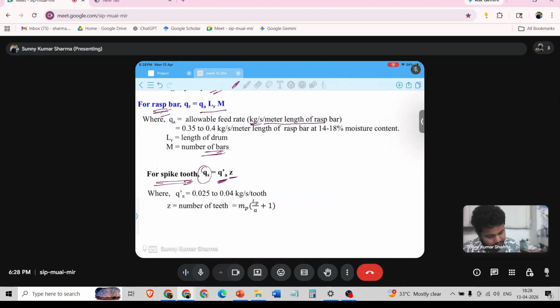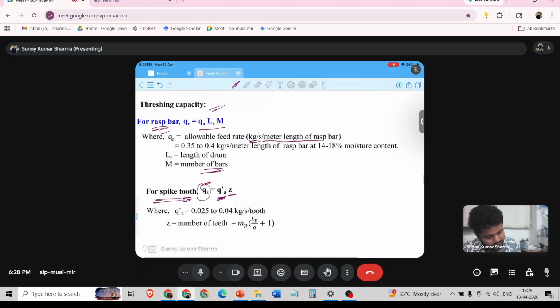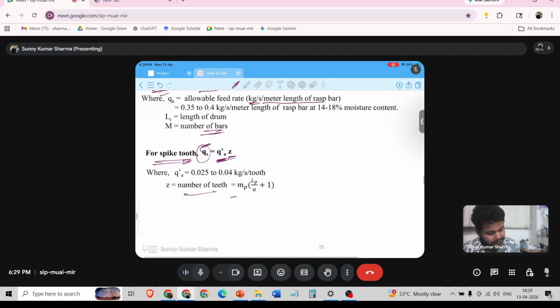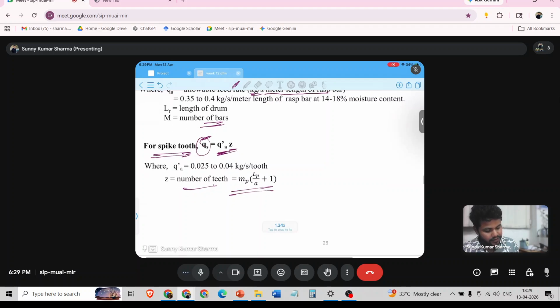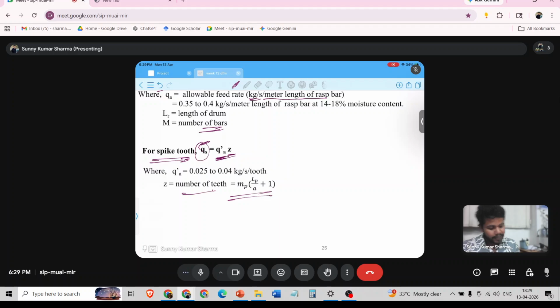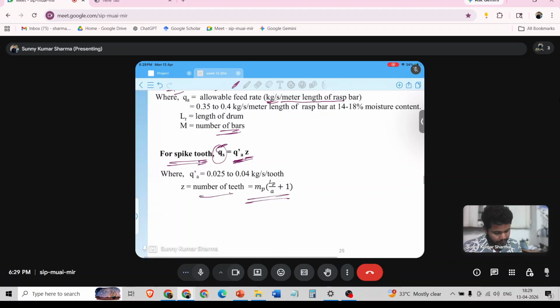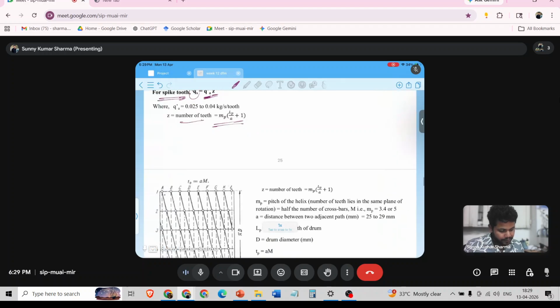So in case of a spike tooth, threshing capacity is equal to QA into Z, where Z is number of teeth, and it is calculated using this equation MP into LP by A plus 1. So what is this MP, LP and A?